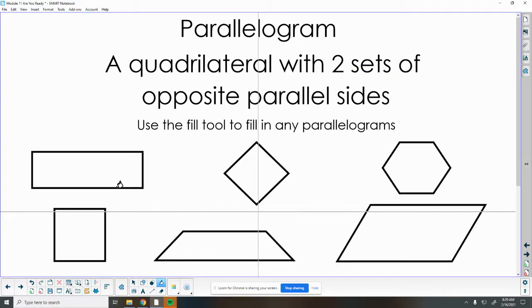So next we have a parallelogram. A parallelogram has to be a quadrilateral. So that means it's a polygon, straight sides, closed in, 4 sides exactly. And this time it has 2 sets of opposite parallel sides. That word parallel means that you have 2 lines that if they were extended will never ever touch.